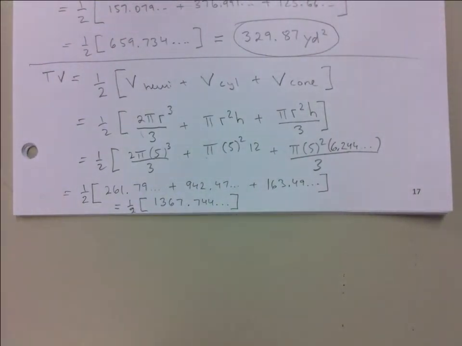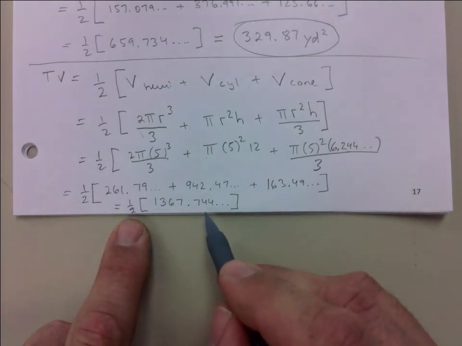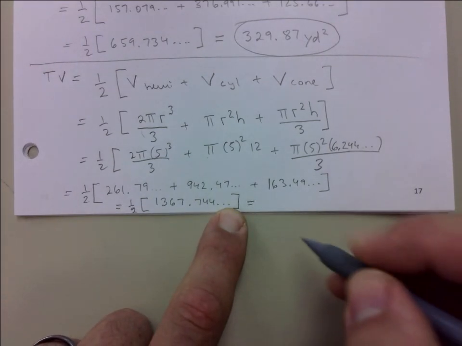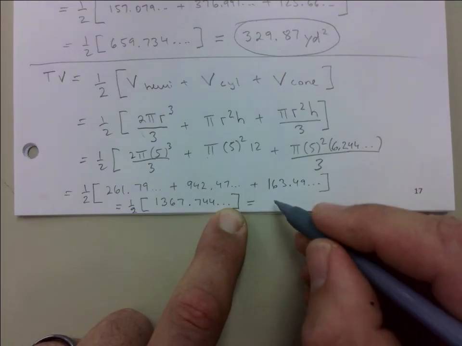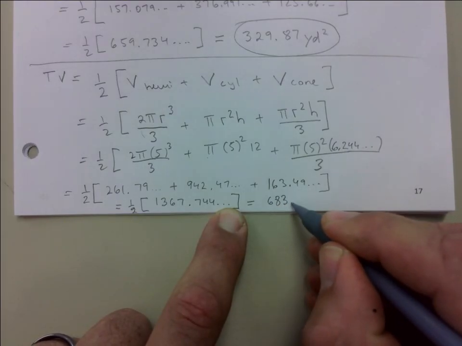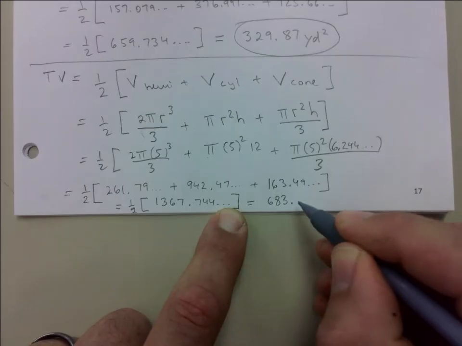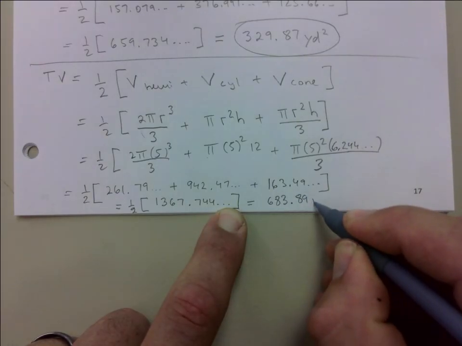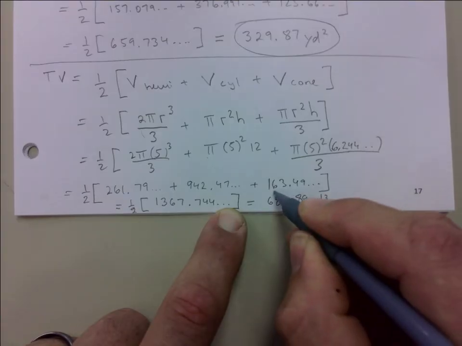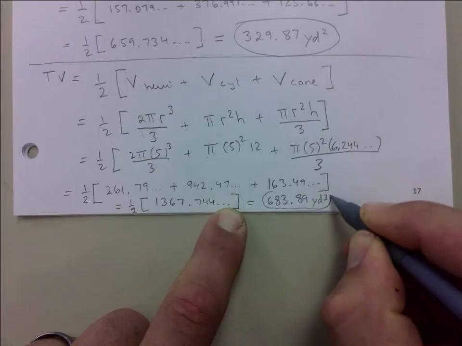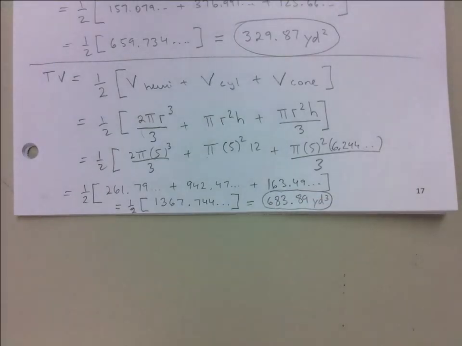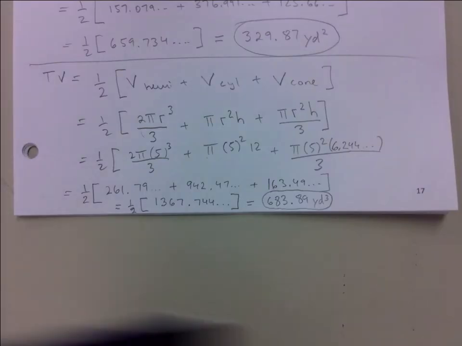And so last but not least, take this and divide it by 2. So here we go. 683.89 cubic yards. This is my final answer here. That's the final volume of this. Lots of work, I know. That's why I would have suggested you try it at home before you just copy this down.